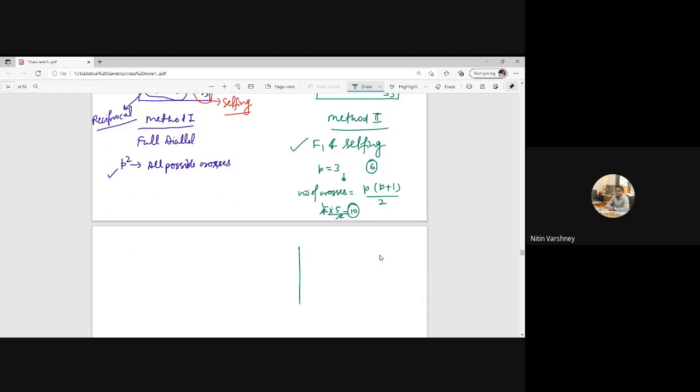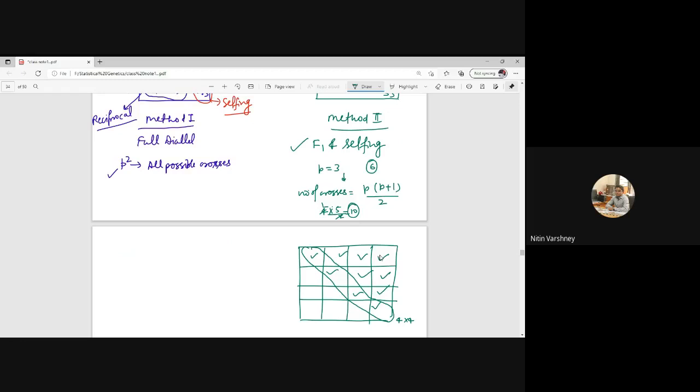If I take a 4 by 4 matrix, I will not write the values. Selfing and the upper triangle: 1, 2, 3, 4, 5, 6, 7, 8, 9, 10.